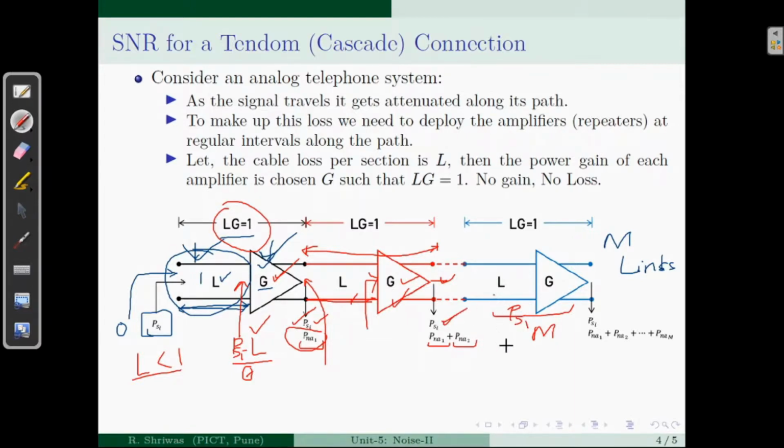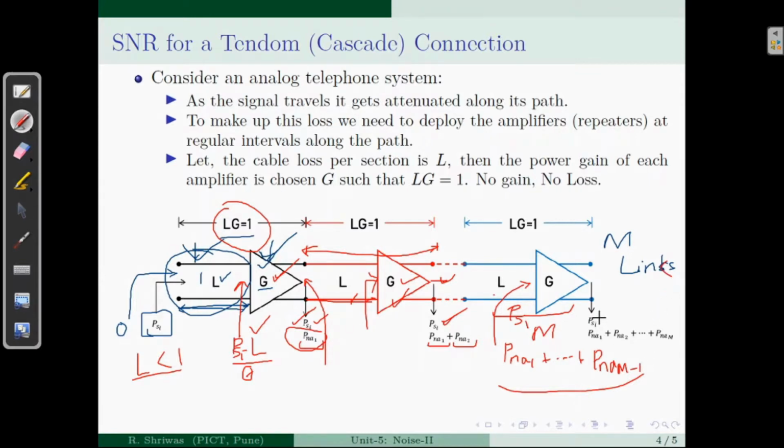But the input noise has to be all the internal noises from the first amplifier up to the M-1th stage amplifier noise, that is going to be PNA M-1. So there are M-1 internal noises for M-1 stages. This will work as an input to this Mth, last stage or last link.